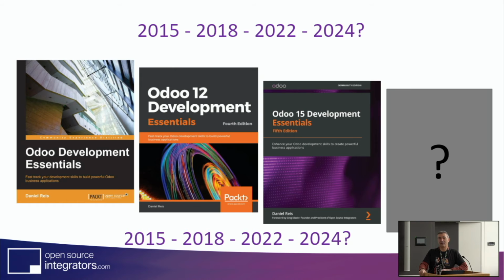What's missing now, what should be there that needs a book and doesn't exist, I think is the topic of Odoo development patterns. This just teaches you how to use the framework, but we need better guidance on how to write robust applications.